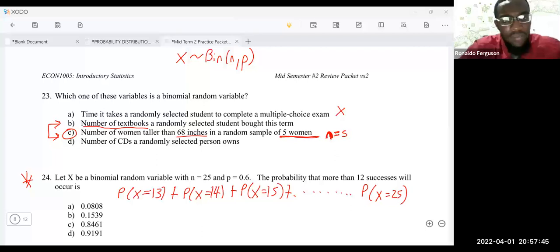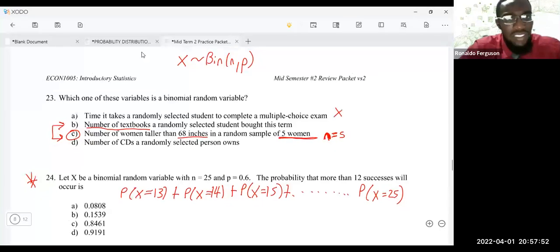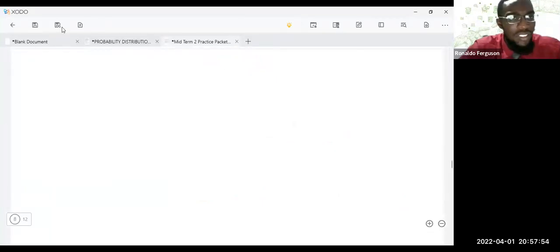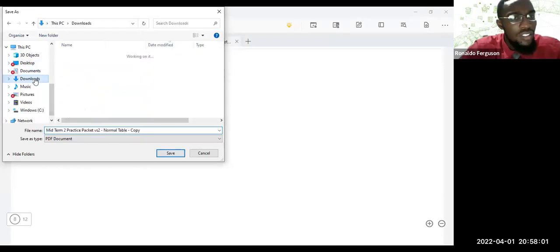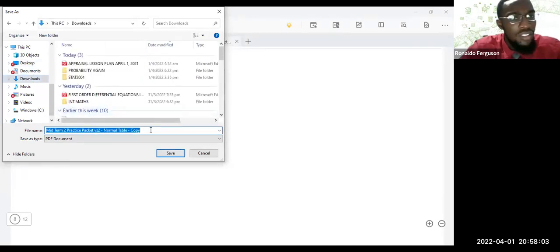All right, why is this not happening? Save as. Binomial and probability distribution table.